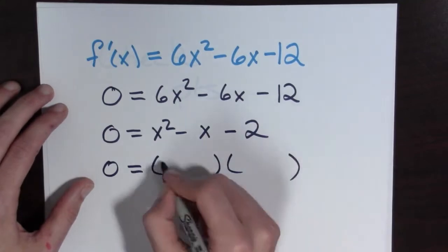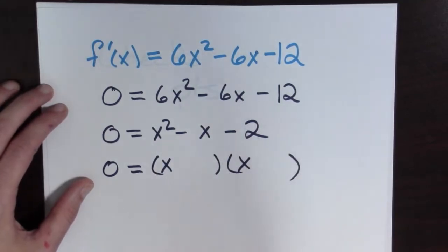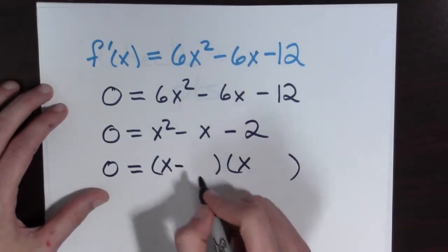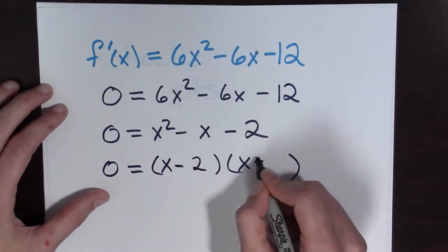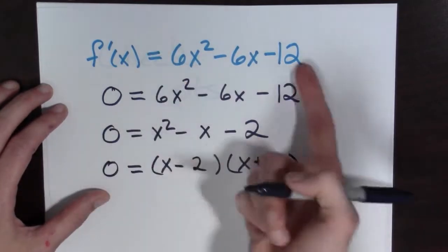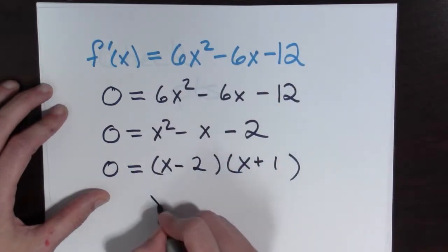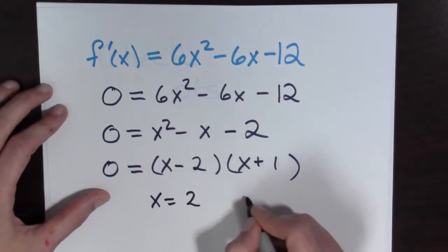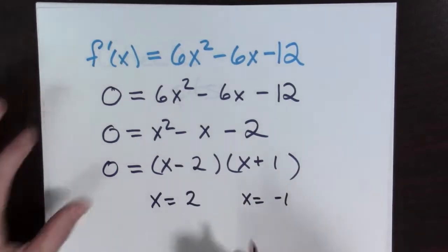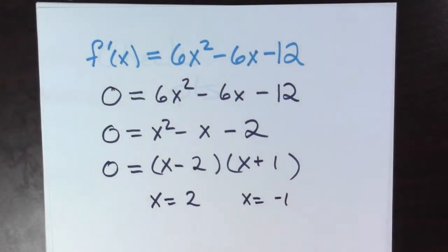It factors as x minus 2 times x plus 1. And this means that this quadratic expression has roots when x is equal to 2 and when x is equal to negative 1.